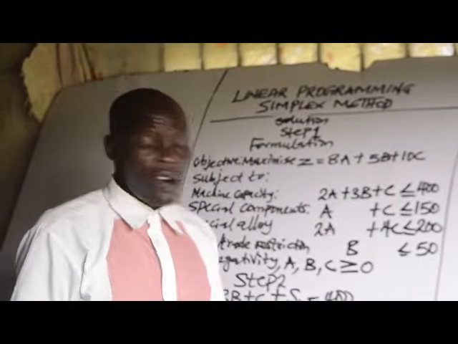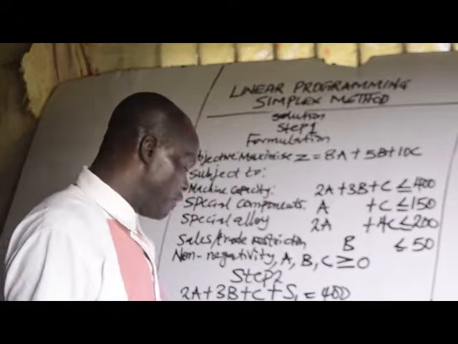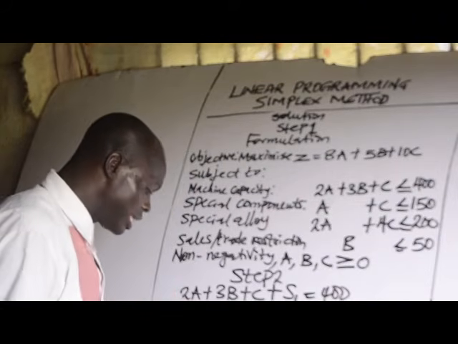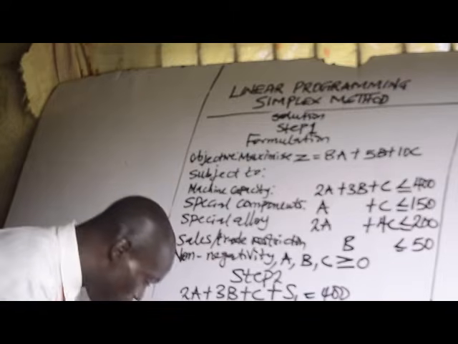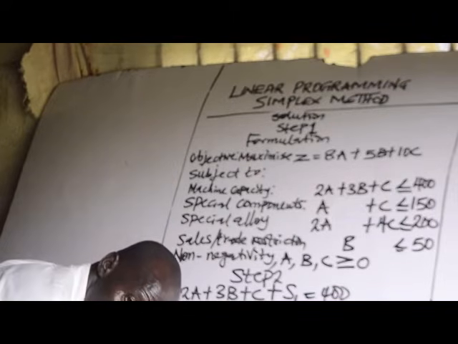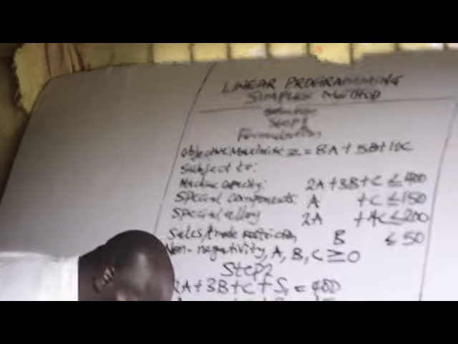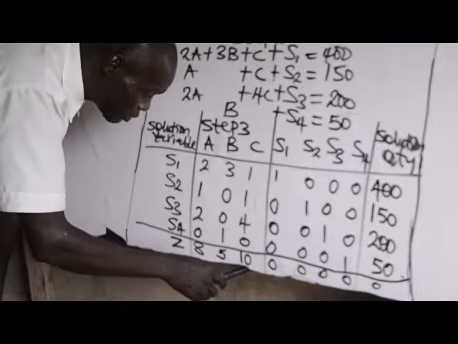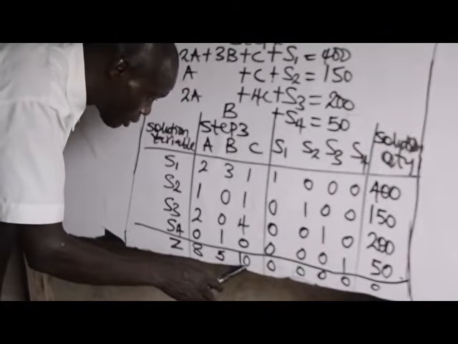Then step 4. You want to identify the pivot. I've told you that to identify the pivot, look at the objective function. What is the highest value in the objective function? The highest value is 10.